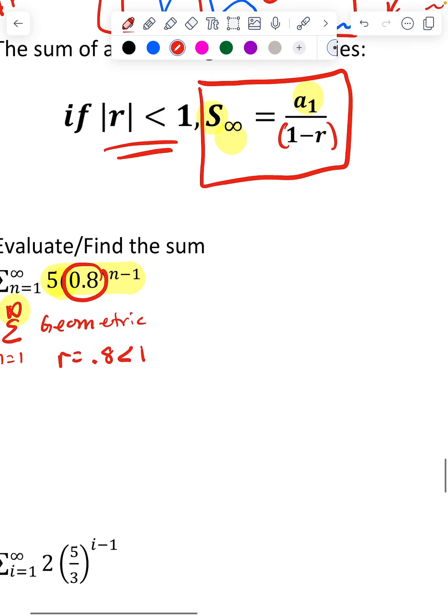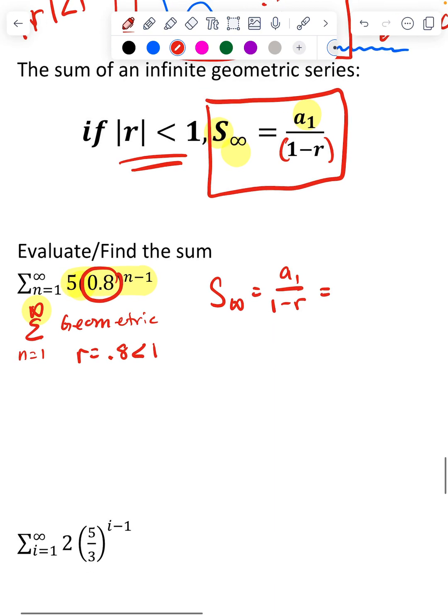I'm good to go. So I can find the sum of an infinite number of terms by taking the first term over 1 minus R. Well, in this problem, the first term is going to be whatever I get when I plug in a 1. And in this problem, the power 1 minus 1 will turn into a power of 0.